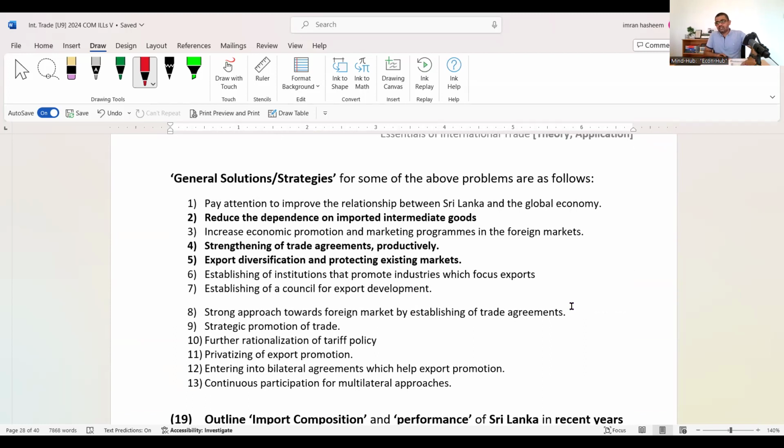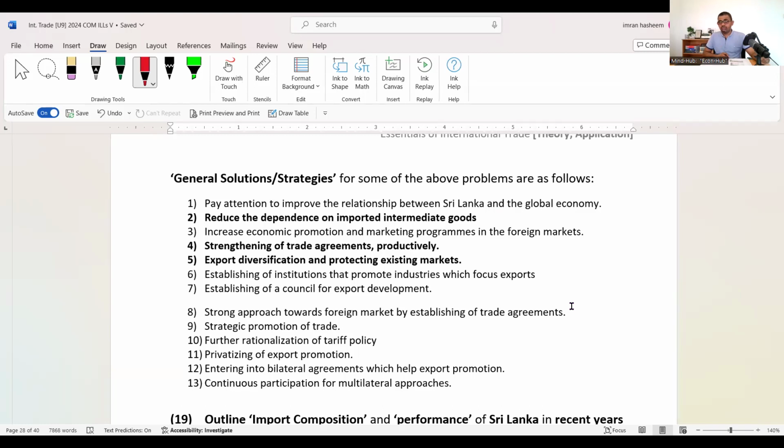And as I said earlier, Sri Lanka wants to become an export-driven economy, an export-oriented economy, or simply an export economy. So what are the strategies we can follow? I've outlined 13 strategies that we can follow, based on what your professors have said and the general understanding we have of how other countries have developed their export sector into very stable, strong sectors, right?